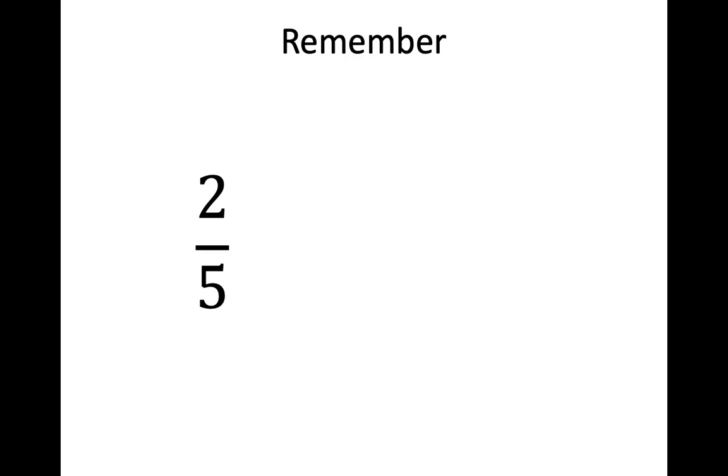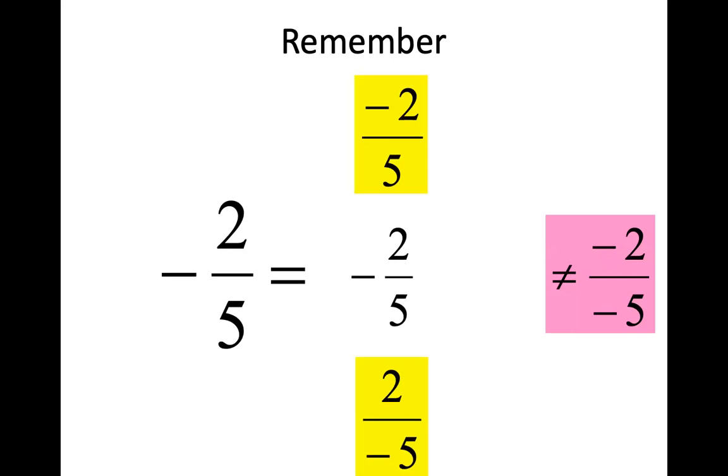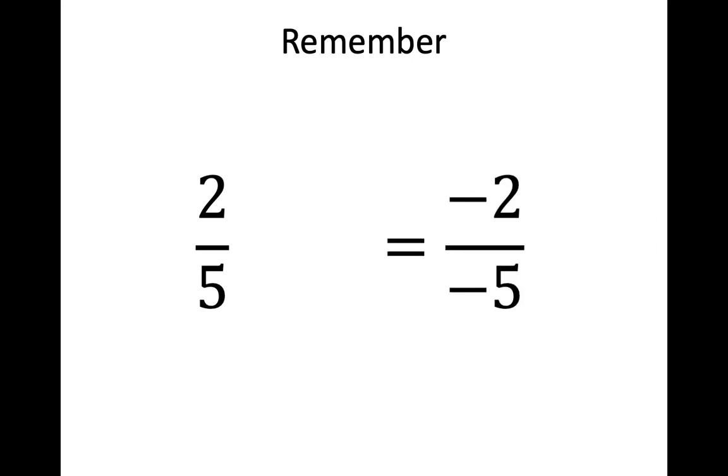However, if the fraction is positive, you can't put the negative. Why? Negative divided by negative is a positive. Negative divided by a positive is negative. Positive divided by a negative is negative. Why do you need to know this? Because the slope is either going to be positive or negative. If it's negative, you got to pick which one you want to put it on when you do the graphing.